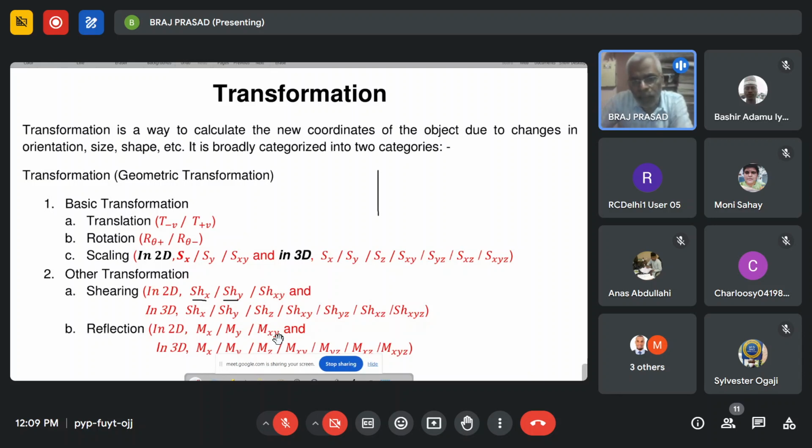Suppose it is our X axis and this is our Y axis, and there is a rectangle like this. And if we apply a force on this place, then this rectangle is shifted like this.